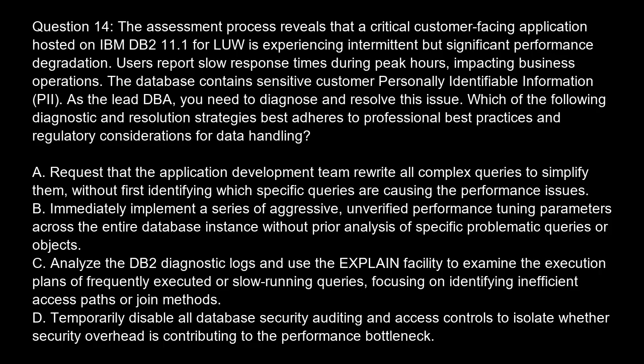Option C. Analyze the DB2 diagnostic logs and use the explain facility to examine the execution plans of frequently executed or slow-running queries, focusing on identifying inefficient access paths or join methods. Option D. Temporarily disable all database security auditing and access controls to isolate whether security overhead is contributing to the performance bottleneck.